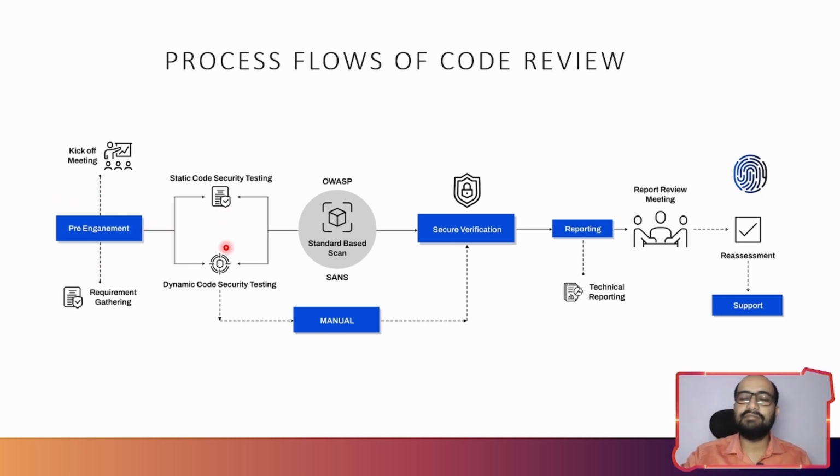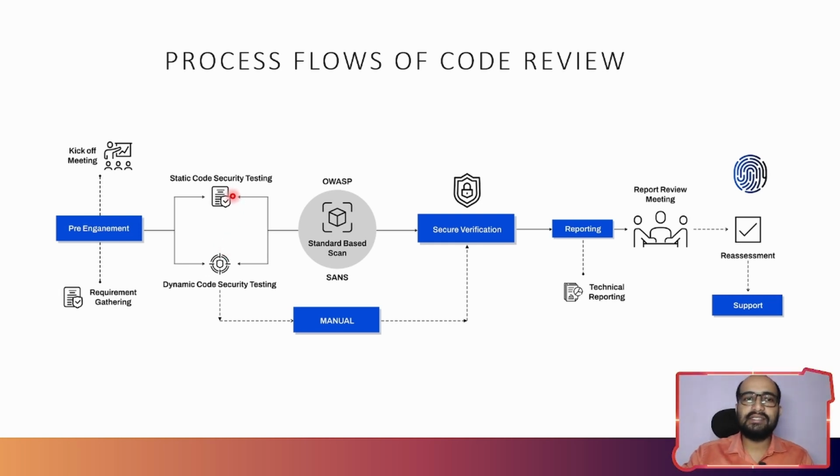One option: if the code is less than 1000 lines, then you can do a manual assessment, meaning you can simply go through it line by line and analyze the code. If the code is more than 1000 or more than 10,000, or more than 1 lakh, a million lines of code, in that case manual assessment is not feasible.